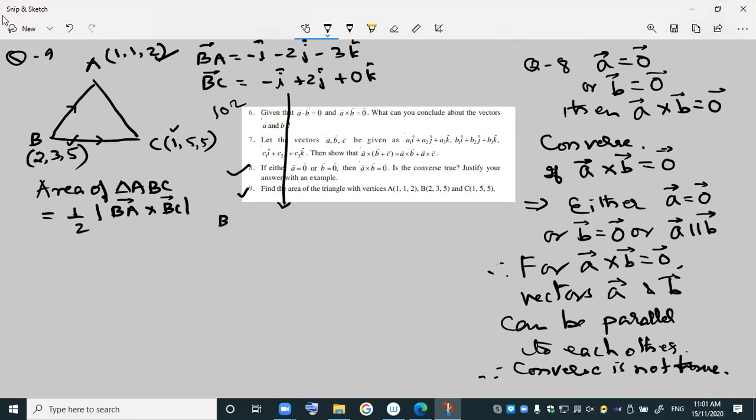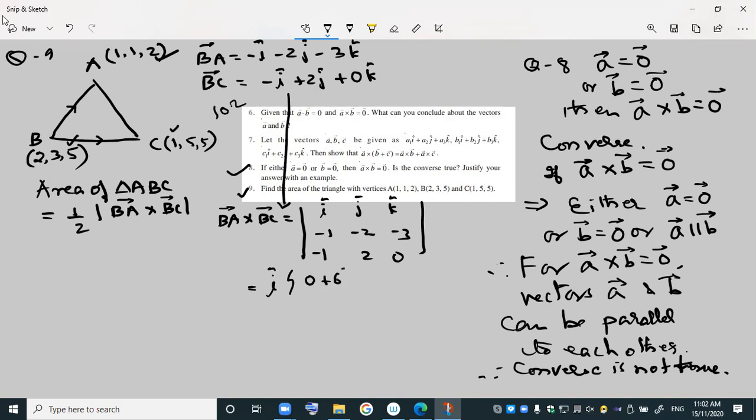So BA cross BC vector will be equal to the determinant with i, j, k; -1, -2, -3; -1, 2, 0.